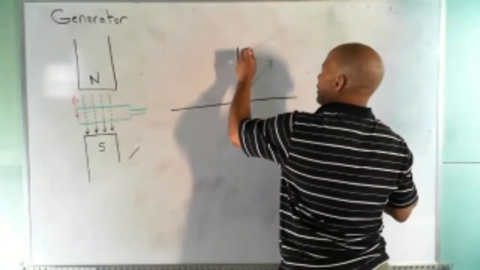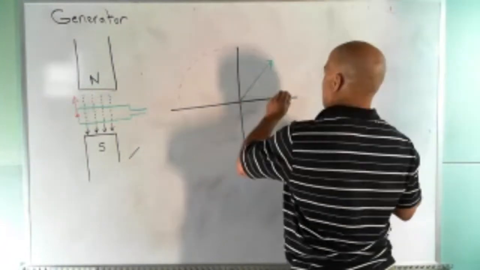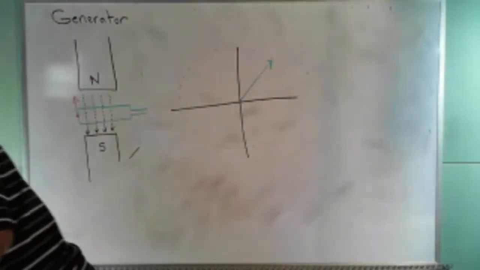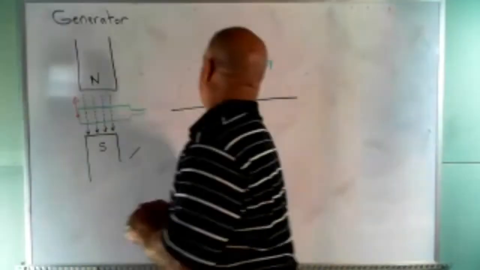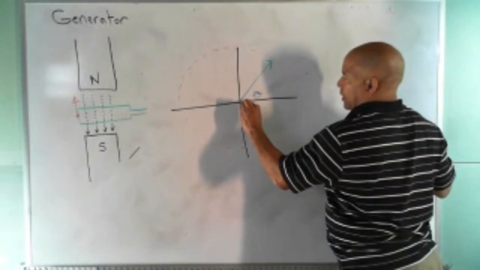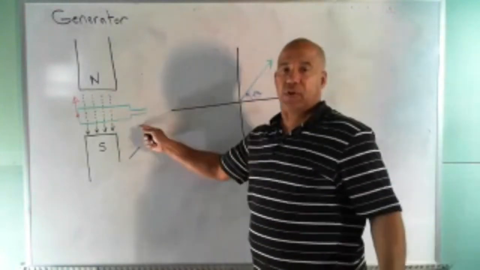So the light is making this circle like that. And we said that this angle right here, when we measure the position of it, tells us the position of the phaser, which is telling us the position of the coil.